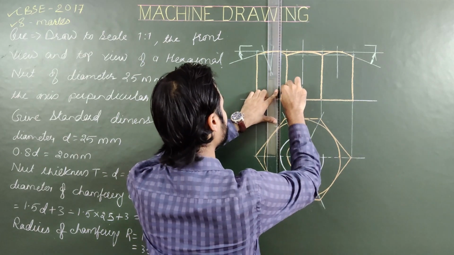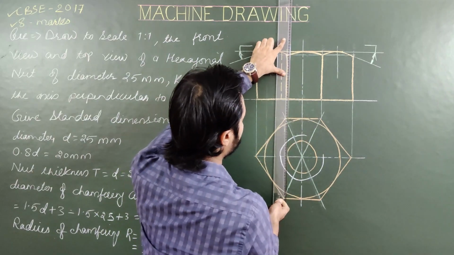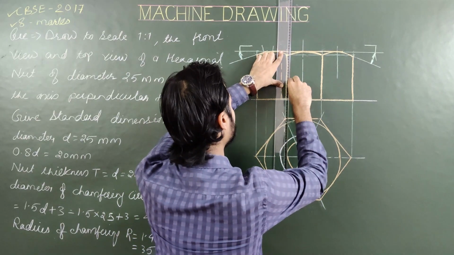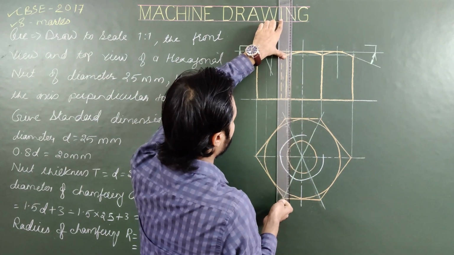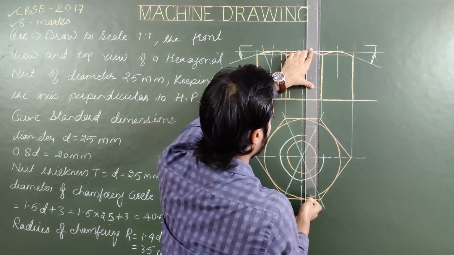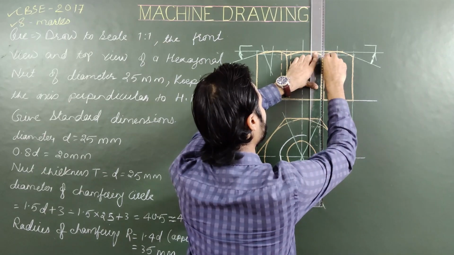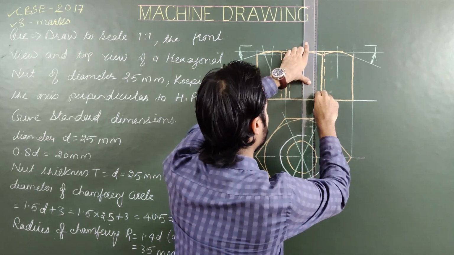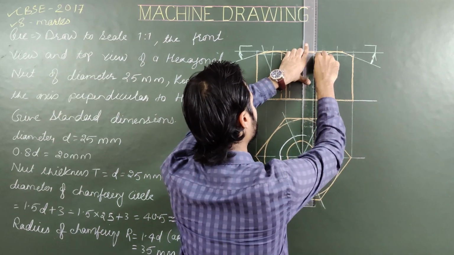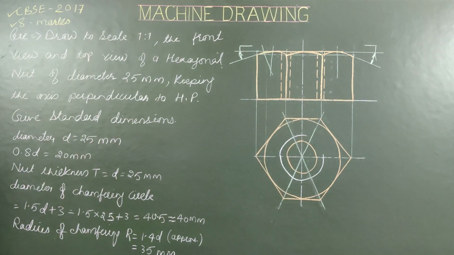Catch this limit and draw a hidden line throughout its height, on the left side and on the right side. Okay, so this is the complete projection, front view and top view of the hexagonal nut.